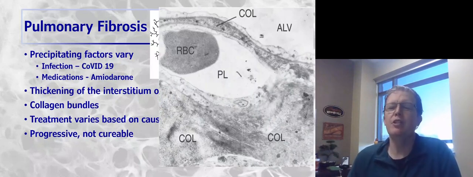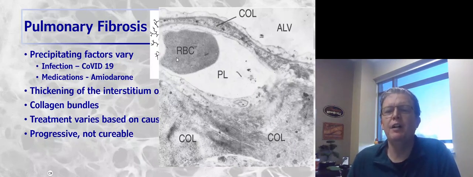And in this image here, you can see the RBC is a red blood cell. The PL is for plasma. So that structure where the red blood cell and the plasma is, that is a capillary. And then over here where it says ALV, that's an alveolus. This connective tissue between the alveoli is so thick that you can't see another alveolus on this slide.